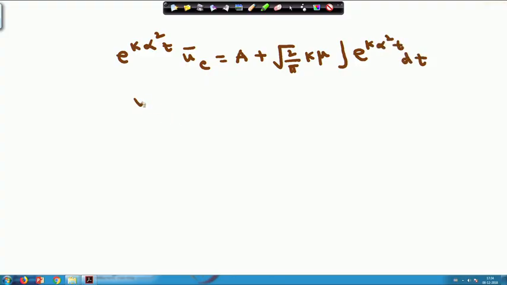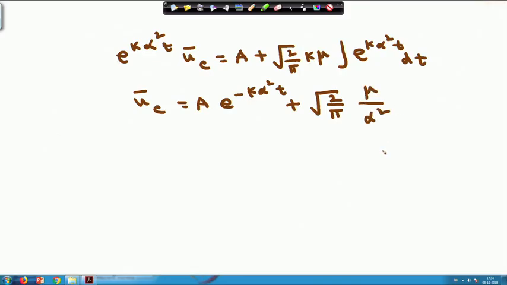And if I simplify it, I will obtain u bar c equals A e power minus k alpha square t plus root over 2 by pi into mu by alpha square. So, I am getting this from here.